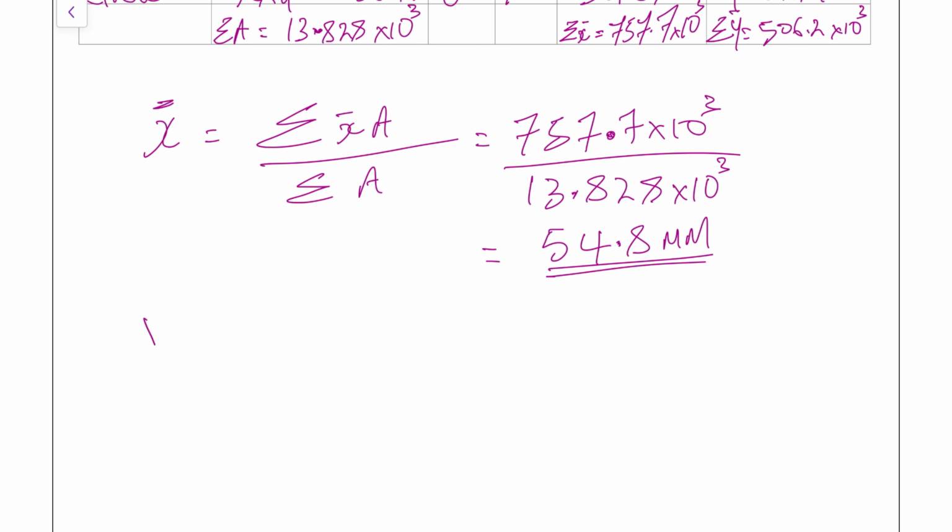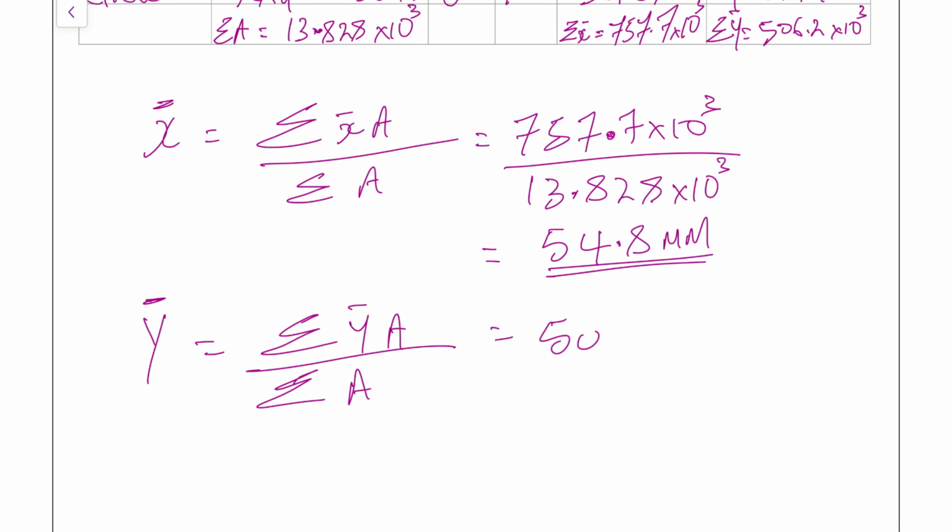So that's representing our x bar, and we move on to our y bar and we do the same thing. For y bar, that's going to be the sum of our y bar times area divided by the sum of our area. And that gives us 506.2 times 10 to the power of 3, divided by 13.828 times 10 to the power of 3.